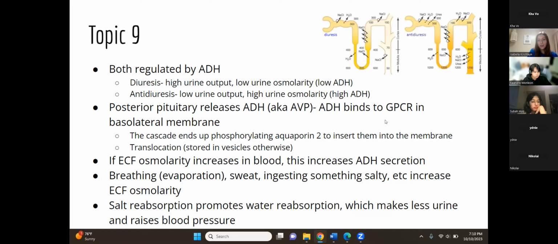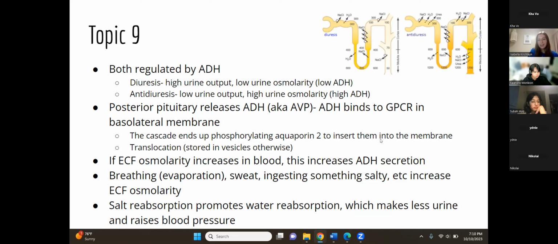ADH works by binding to a GPCR in the basolateral membrane, which you should also recall from the first exam, how a GPCR works and how that cascade progresses. This cascade ends up phosphorylating aquaporin 2 to insert aquaporins into the membrane.